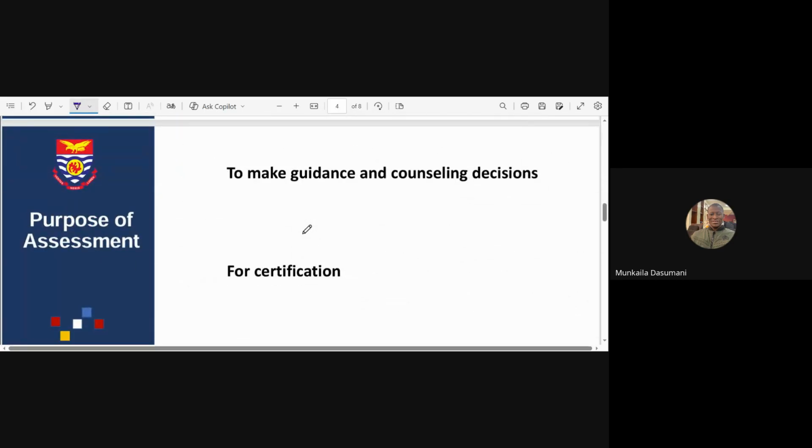And then we have to make guidance and counseling decisions. Yes, the third person, can you explain for us? All right, sir. With the third point, which is to make guidance and counseling decisions. When you run an assessment program for your students, you get to know those who are weak and the strengths of the students.